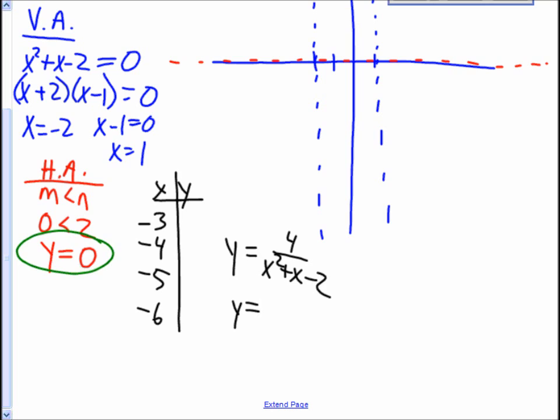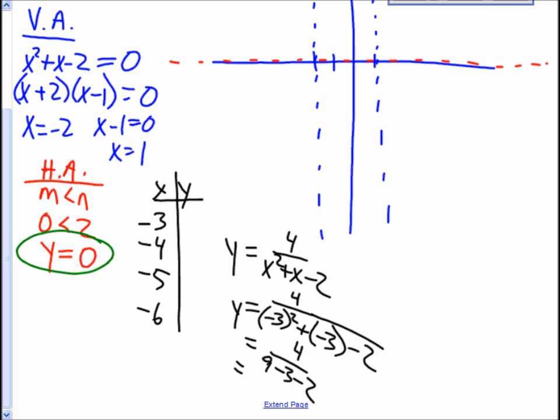Let's plug -3 in, and we won't do every one of these, but you can, because I'm sure you can do the arithmetic to plug those in. So 9 minus 5 is 4. So you've got 4 over 4, or 1. So when x is -3, you've got a y value of 1. So -3 comma 1, I'm going to put that on there.